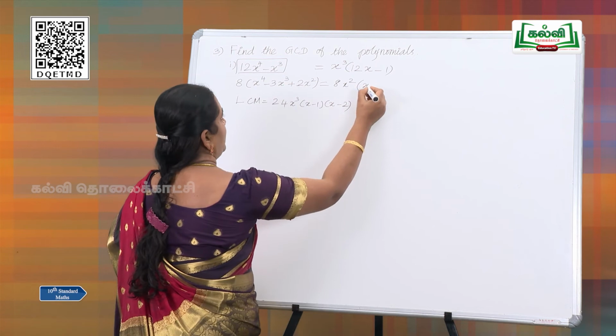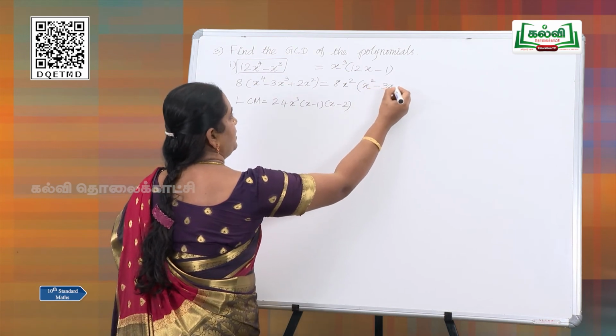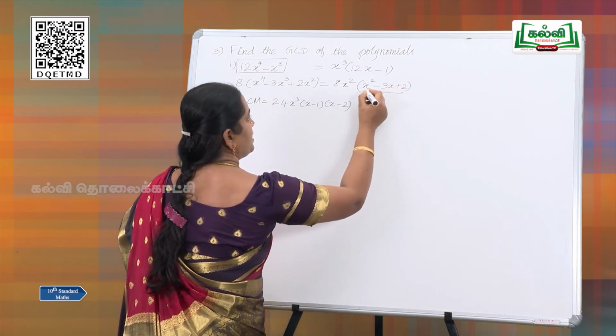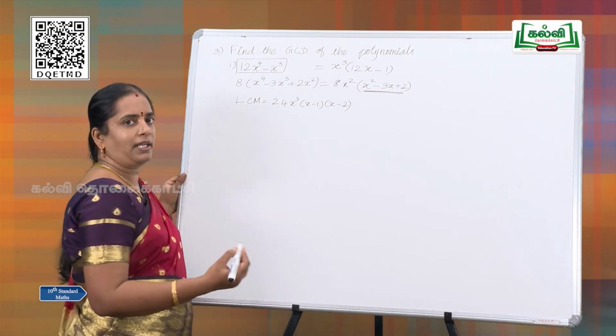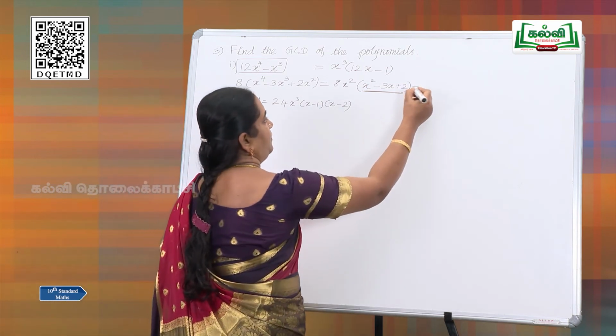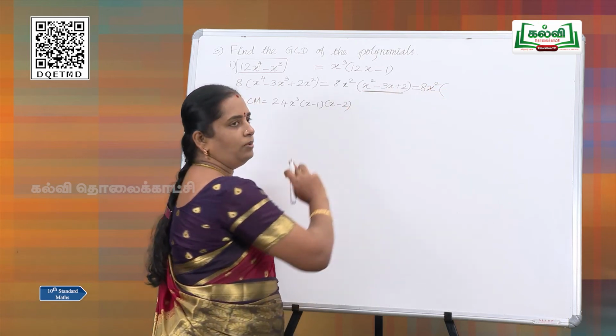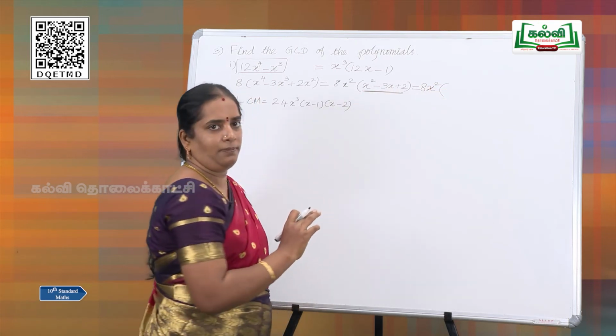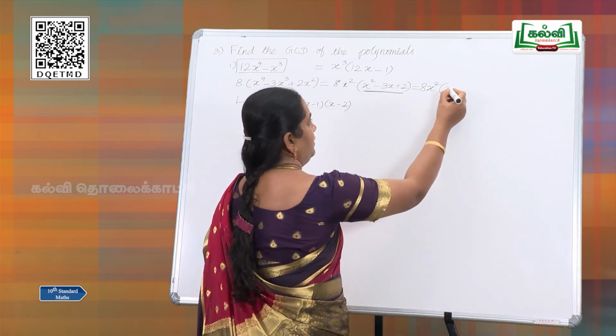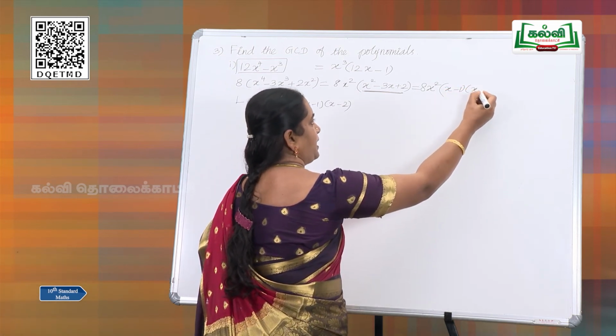So, here x square minus 3x plus 2. Since this is a quadratic polynomial, we can factorize as we know the method. Here the product is 2 and the sum is minus 3. So, the factors are x minus 1 and x minus 2.